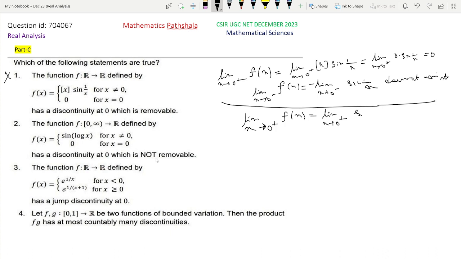If f has a discontinuity at 0 which is removable, then we must have the limit as x tends to 0 plus of f(x) exist, which may be different from f(0). So we have to calculate only this limit as x tends to 0 plus of f(x).